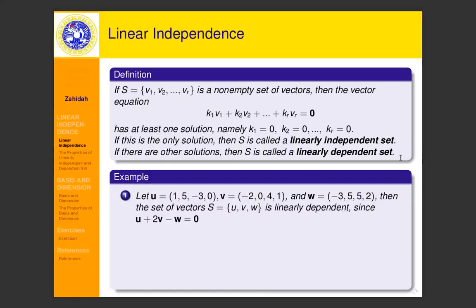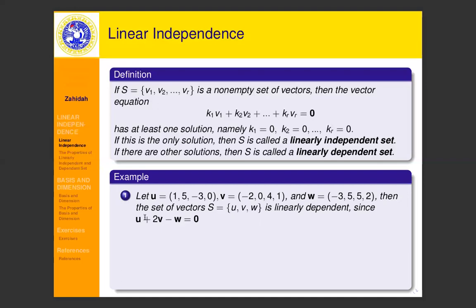Okay, for the example, we have U, V, and W. The set U, V, W is linearly dependent. Why? Because we have this equation: k1 times U plus k2 times V plus k3 times W equals to 0.